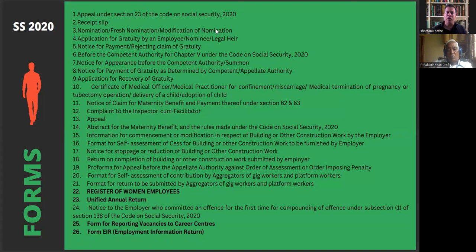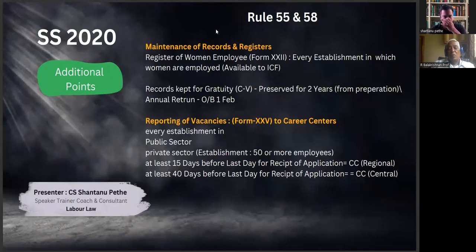Unified annual return: one combined annual return you have to file, no separate returns, just one single unified annual return. Then the form for reporting vacancies to the career center; you have to report the vacancies if there are any. Form of EIR, that is Employment Information Return, you also have to file. So these are the forms.